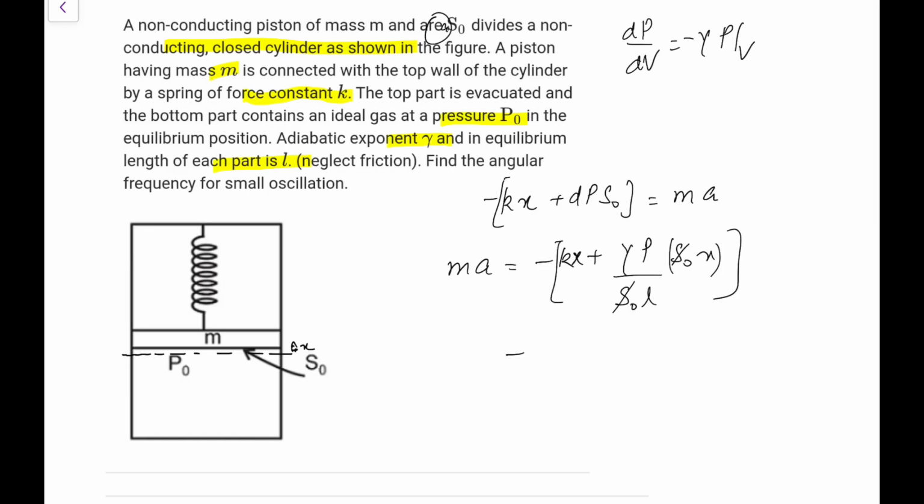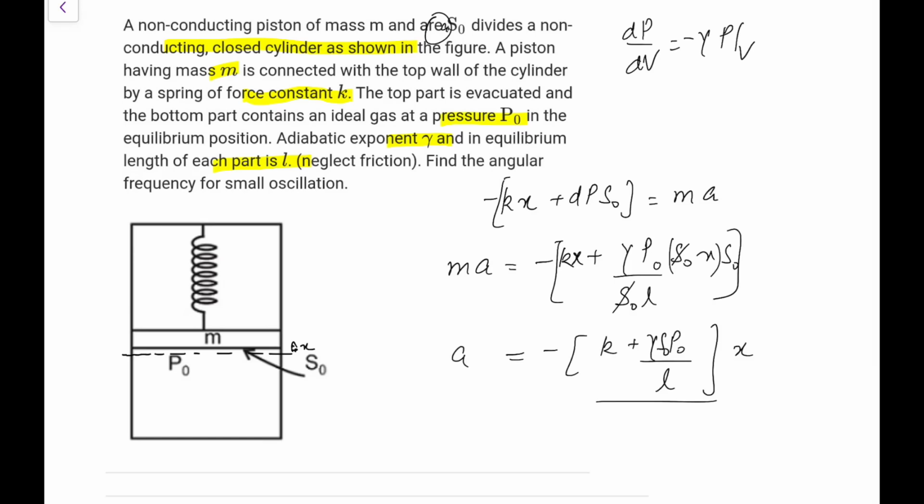So this S naught cancels out, and this is what you get. You have minus of k plus gamma P naught S naught by L, into x, that is the force.